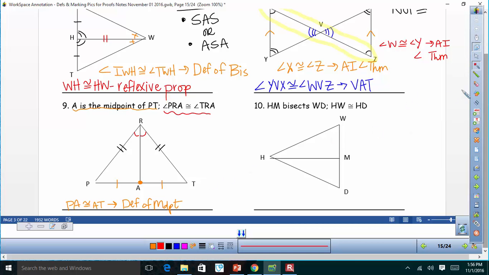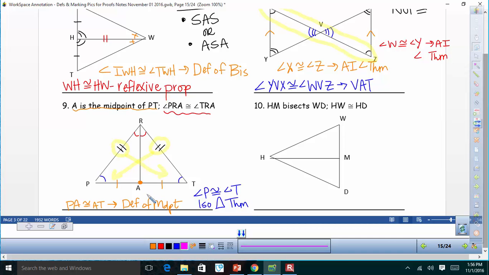And there's actually two things that are implied here. I have that these sides are congruent, which means that it's an isosceles triangle. So the angles across from them will be congruent. So P is congruent to T, so I'm going to write that down. Angle P is congruent to angle T, and that's by isosceles triangle theorem.